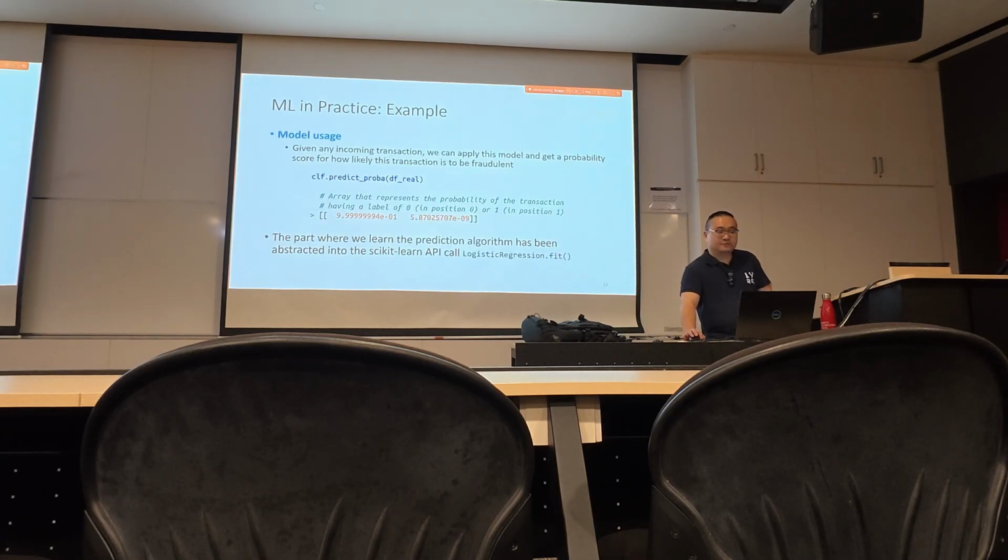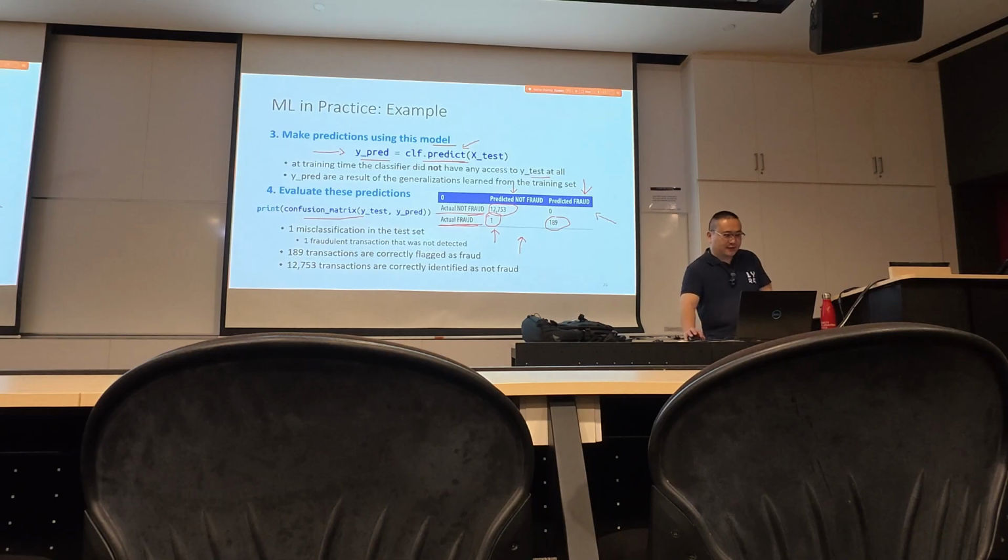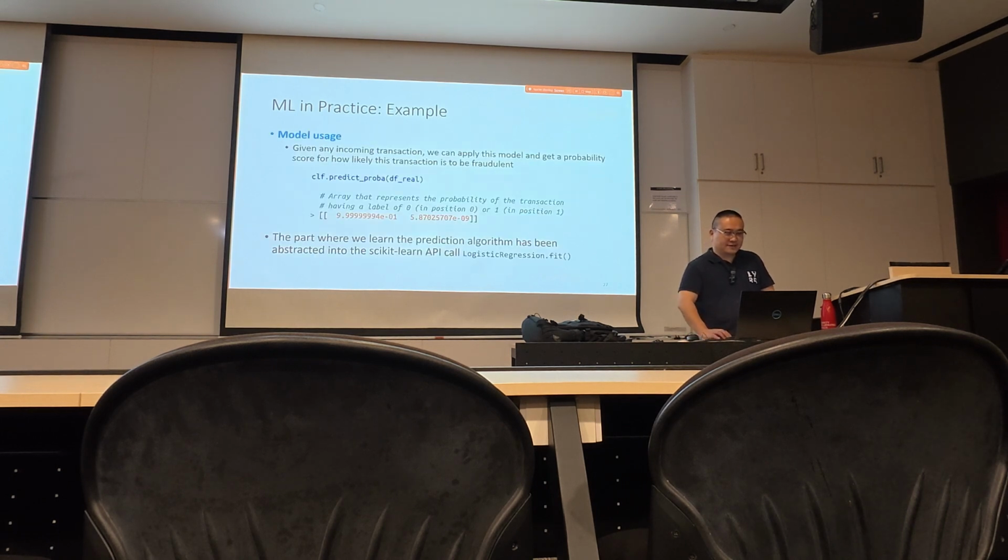So here is more about model usage. After you train the model on the training data sets and generate the report on the testing data sets, then you need to deploy your model in the real environment. Given any incoming transaction, we can apply this model and get the probability.